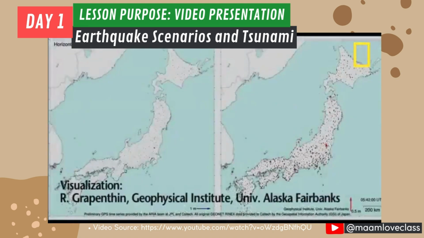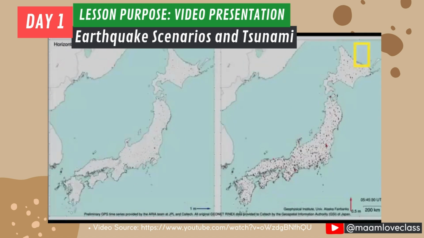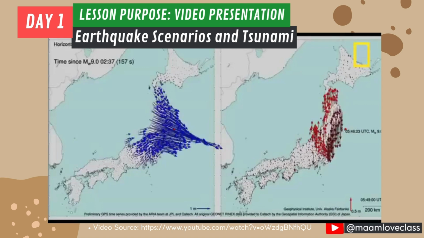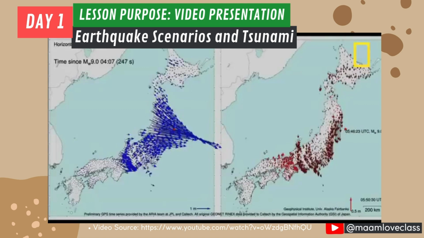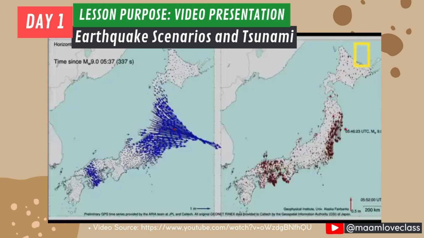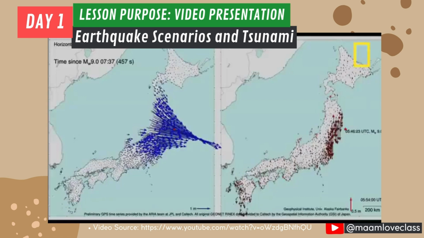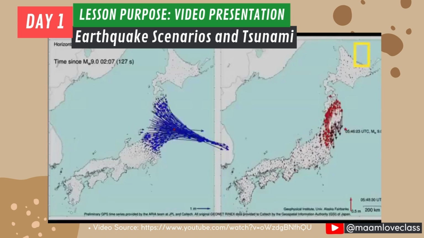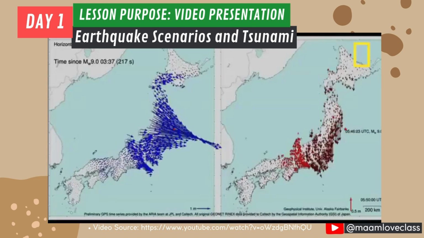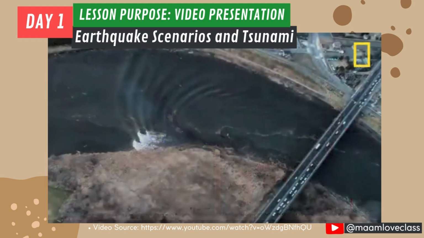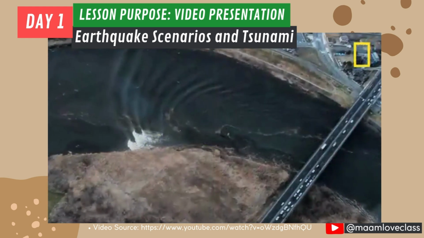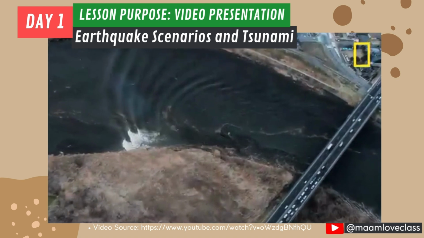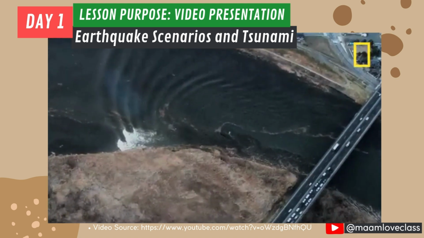Japan may be the most seismologically studied country in the world, and with more than 1,200 high-precision GPS stations, a geophysicist at the University of Alaska used the data to create a visualization of the March 11 quake. The waves of displacement that you see were moving as fast as 5 miles per second. In this photo, the ripples of tsunami waves are seen moving upstream in the Naka River at Hitachi Naka City.